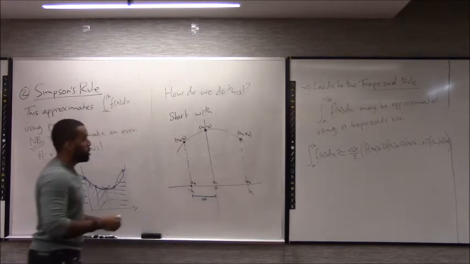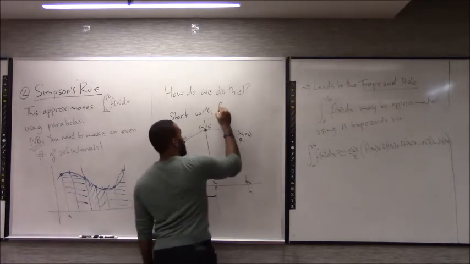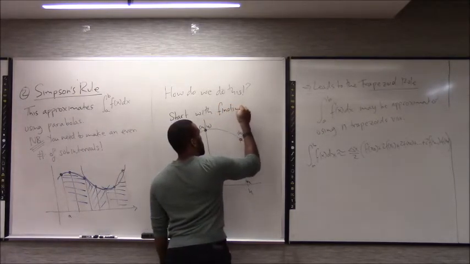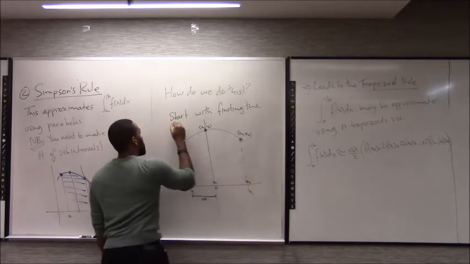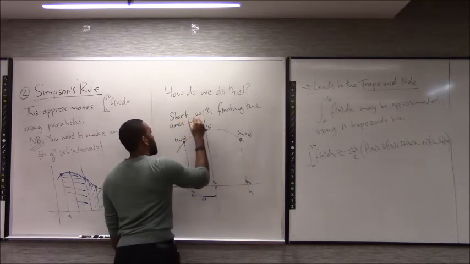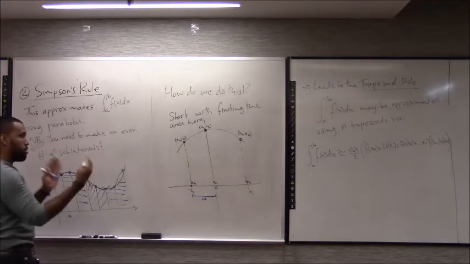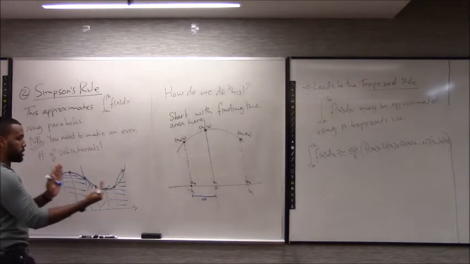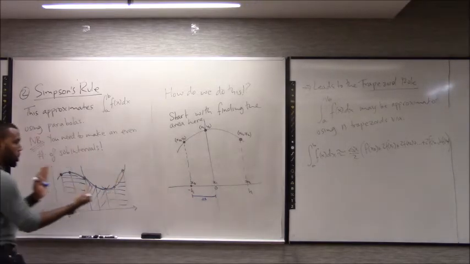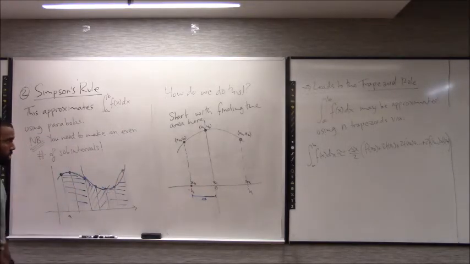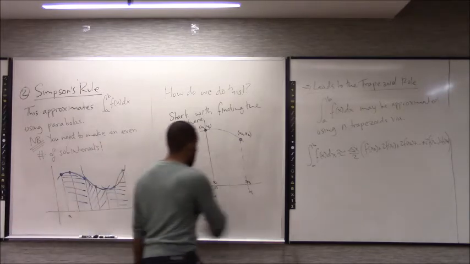And so start with finding the area under this. Now the idea is, once I can find the area under a parabola in this position, all I have to do is slide these axes along all the parabolas, and I can figure out how to find the area under those.